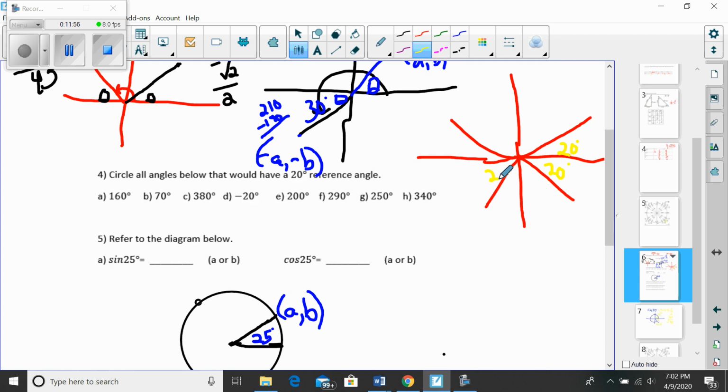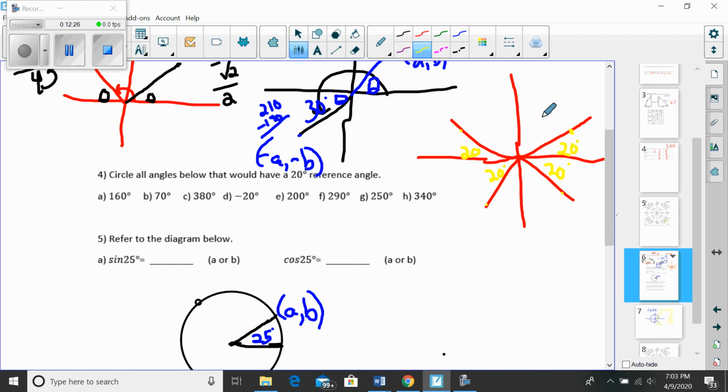This would be 20 degrees. And this would be 20 degrees. All right, and if I am 1 unit away from the origin, all these points here that I'm highlighting in yellow, if this is the point (a, b), then all these other points are (a, b) with just different positives or negatives depending on what quadrant I'm in.